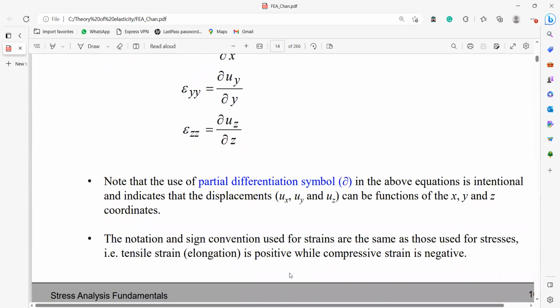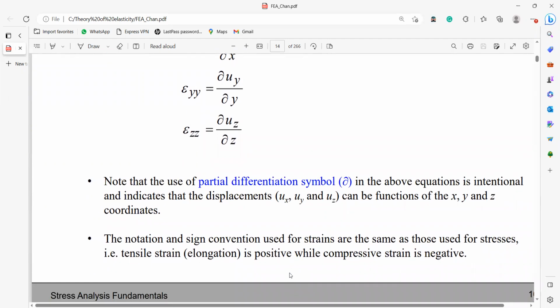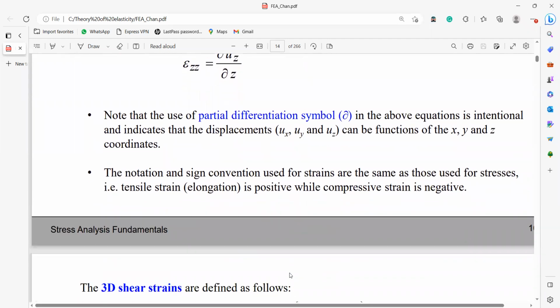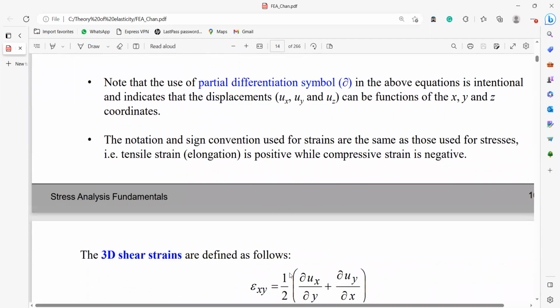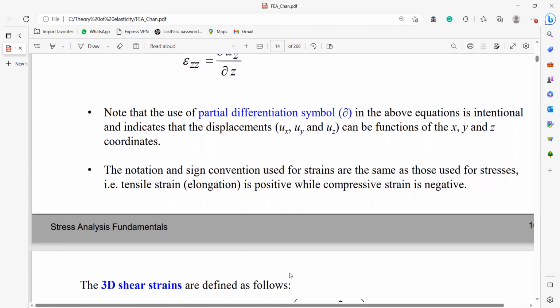Note that the use of the partial differential symbol del in the above equations is intentional and indicates that the displacements ux, uy, and uz can be functions of x, y, and z. The notation and sign convention used for strains are the same as those used for stresses. That is, tensile strain, elongation, is positive, while compressive strain is negative.